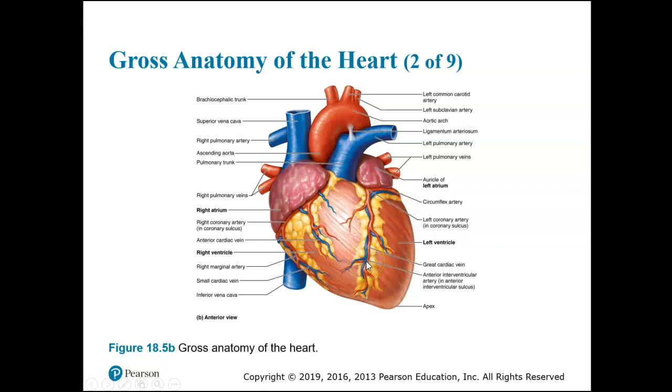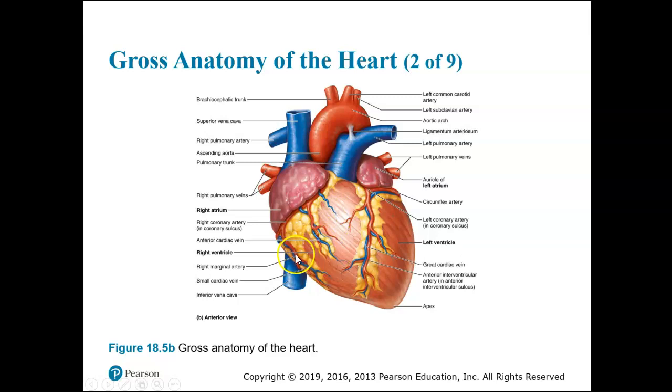Then we have the anterior interventricular artery that runs through the interventricular septum. We have the great cardiac vein. And over here we have the anterior cardiac vein.